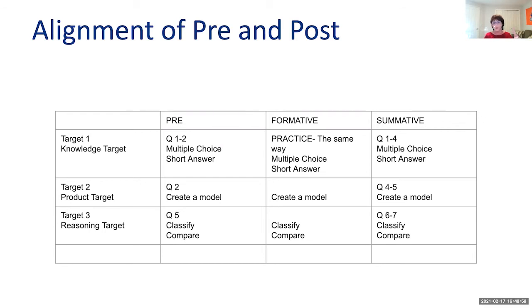If I have 1 question on the pre, I'm going to ask 2 on the post. If I ask 2 on the pre, I'm going to ask 4 on the post. So now I know if a student were to get 30% of the test correct, pre, and they got 85% right on the summative, I now can directly compare that and see how much growth there is between 30% and 85%.